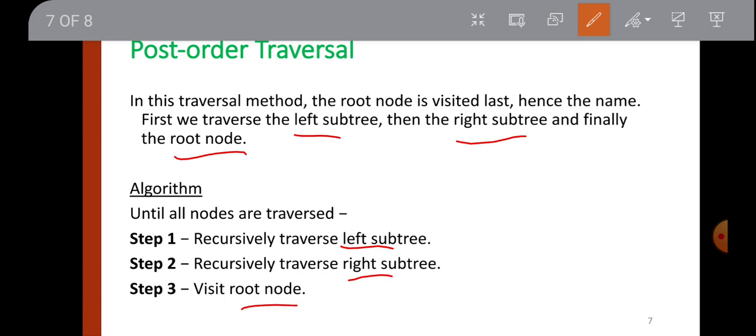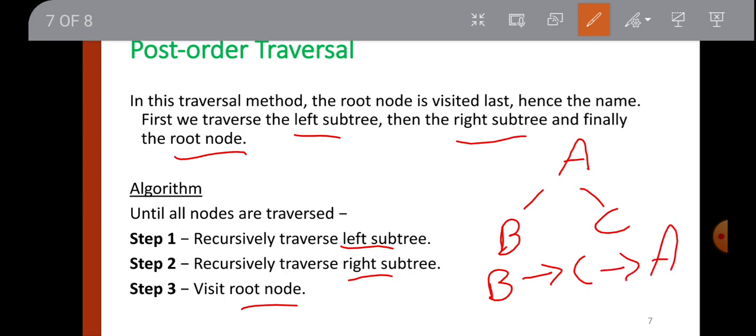All these three steps will be followed recursively till completion of the traversal for the entire tree. If we consider the same example A, B and C, in post-order it starts from the left subtree, that is B, then the right subtree C, followed by root node A. This is the post-order traversal for the given example.